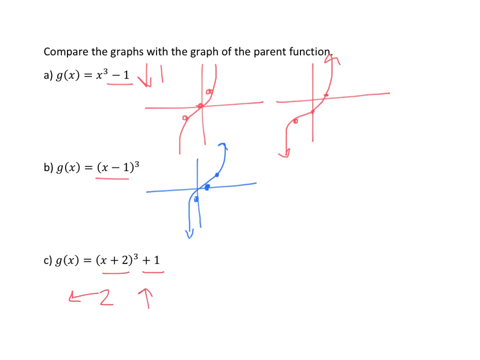Outside, that's going to go up 1. So if I follow my middle dot from the middle, I'm going to go left 2, up 1. There's my middle dot. Everything else stays in proportion. Over 1, up 1, down 1, left 1. All came from the parent graph of x cubed.